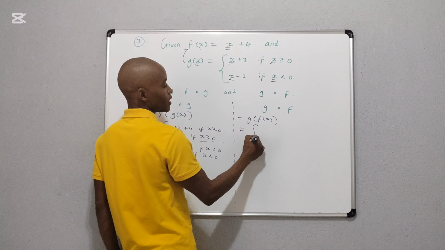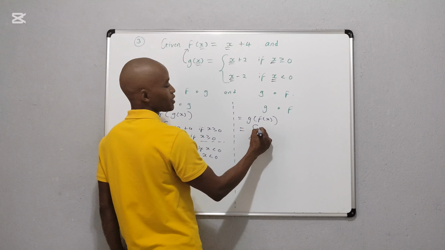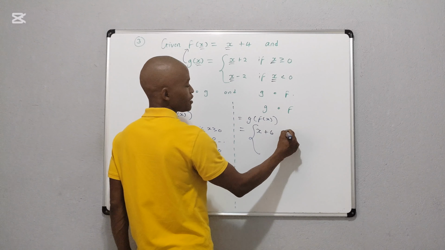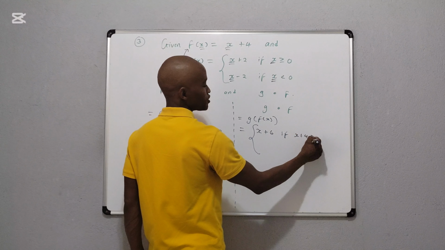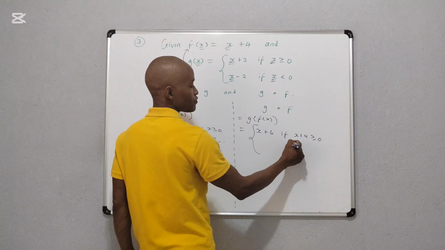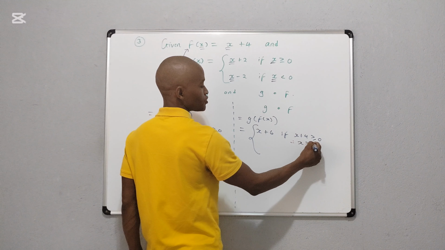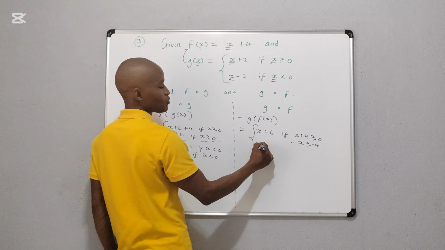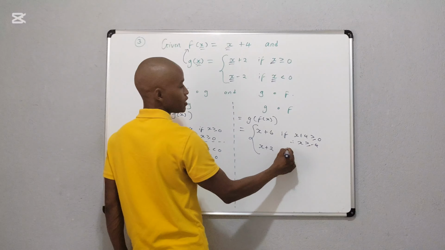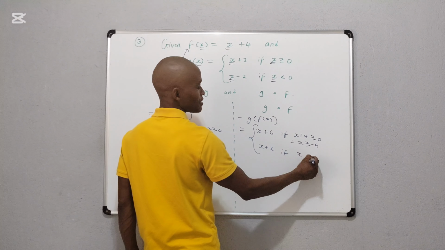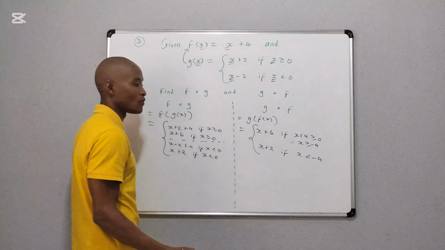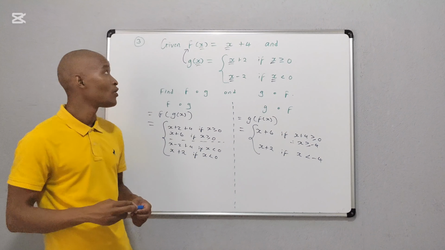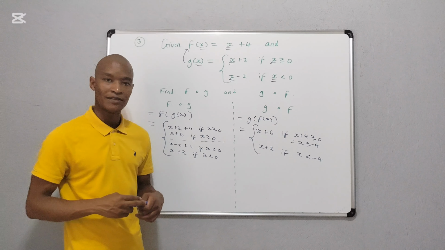So now we end up with the following. x plus 4 plus 2 is x plus 6 if x plus 4 is greater or equal to 0, which therefore means that x is greater or equal to negative 4. Plug in x plus 4 here, you end up with x plus 2 if x is less than negative 4. Okay, so this is basically it for example 3.